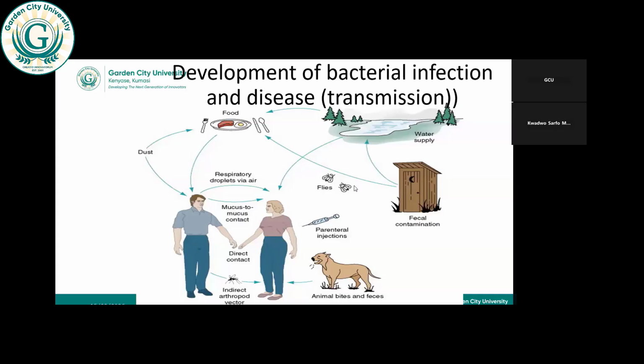Can have flies settling on the feces or going to the refuse dumps to pick these infectious agents and then come to settle on the food. Can have water supply being another cause of these infections. People go fetch, then come and consume. Can also have droplet infection. So there are so many routes of transmission.